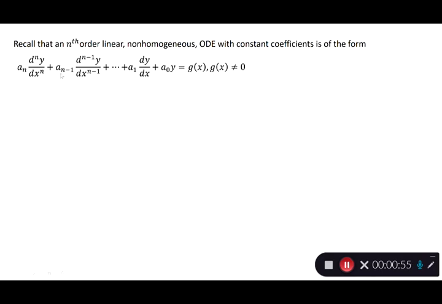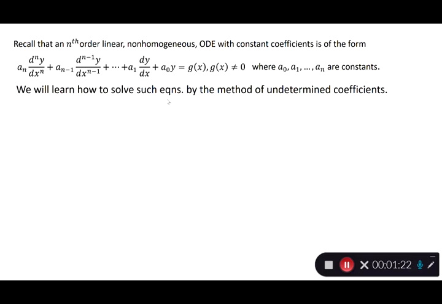Similarly, a sub n minus 1 is a constant, and so on. So all these a sub 0, a sub 1, and so on are all constants. And more importantly, the g of x on the right-hand side is not equal to 0. If you recall, for a homogeneous equation, the g of x must be 0, right?